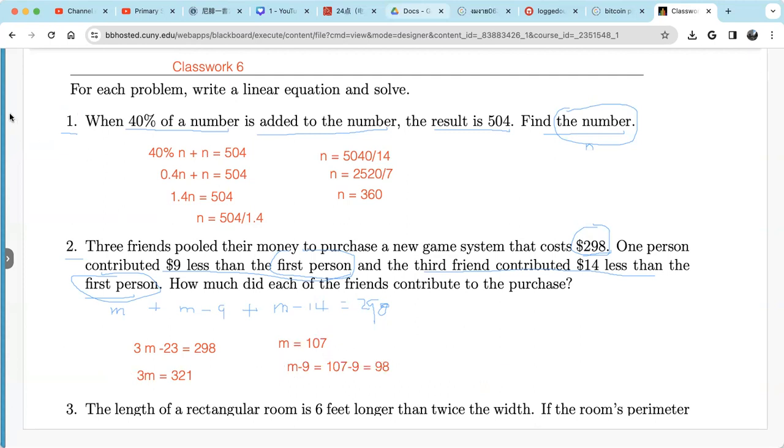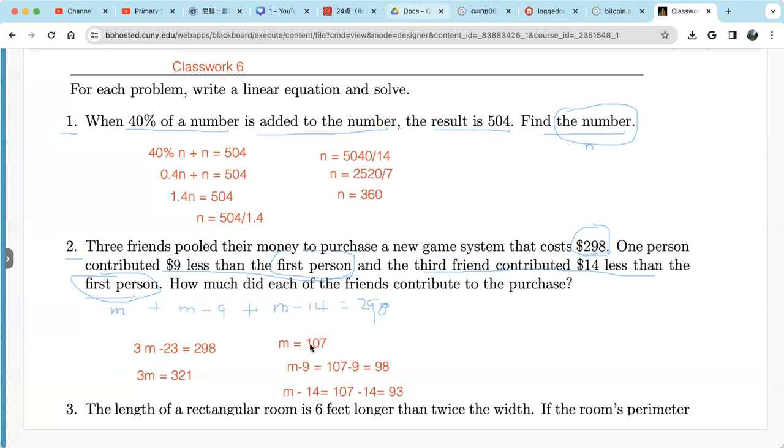Then the third person is $14 less. It's M minus 14, which is 107 minus 14. 17 minus 14 is 3, so $93, right?